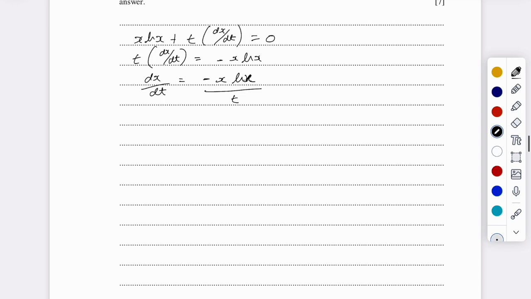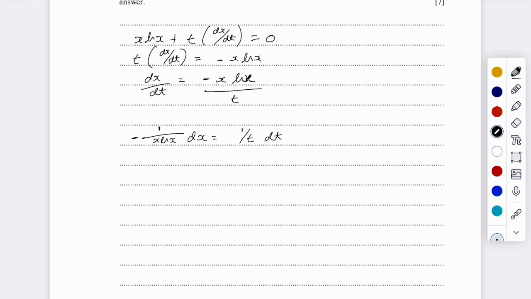we can then separate the variables even more. We can say that negative 1 over x ln x dx is equal to 1 over t dt.